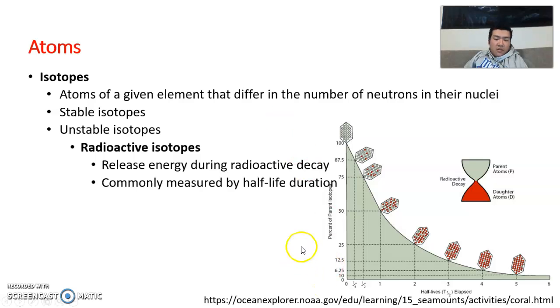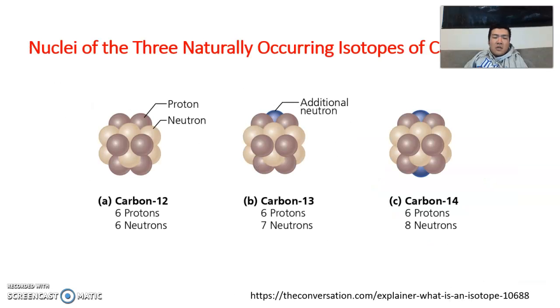Here is a nice little exponential graph showing the amount of parent atoms slowly being converted into daughter atoms. The half-life is classified as the amount of time it takes for half the parent atoms to be converted over to daughter atoms.